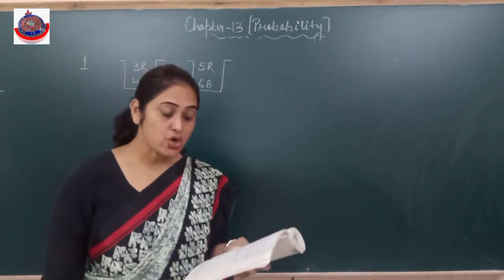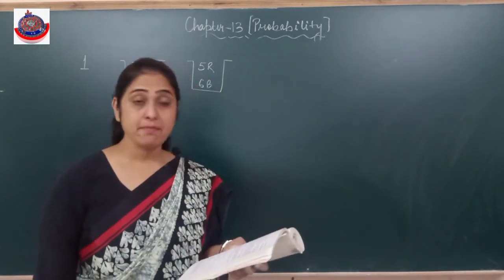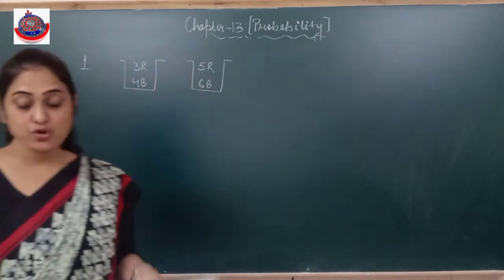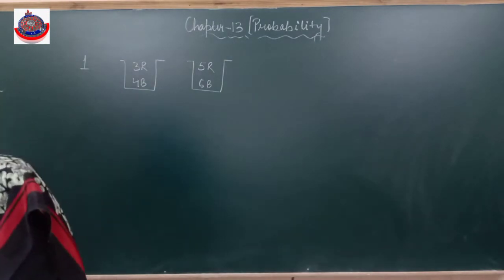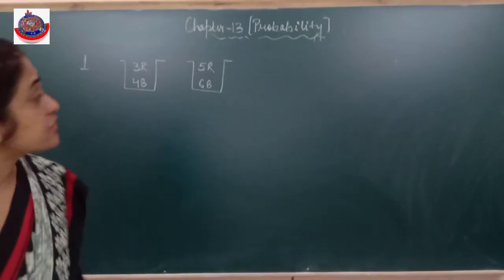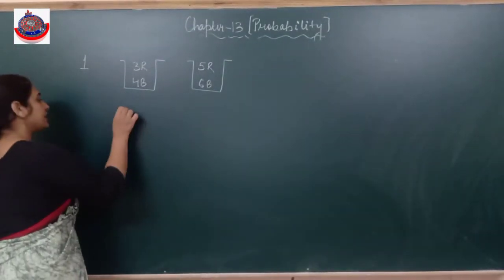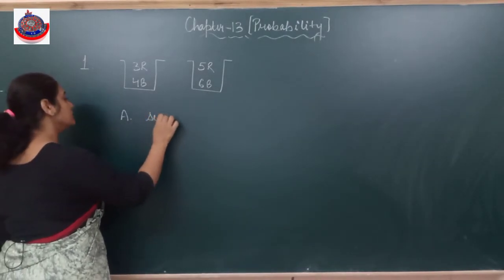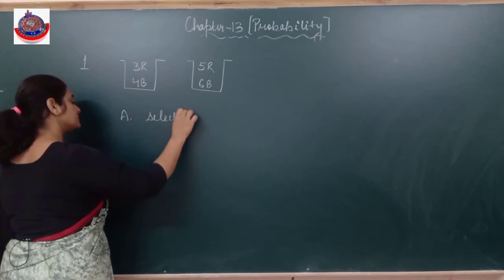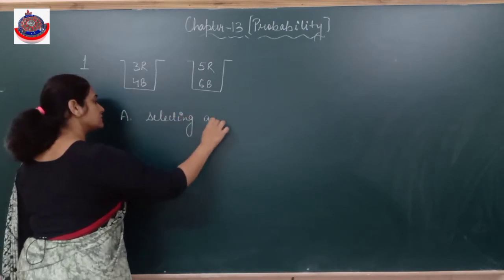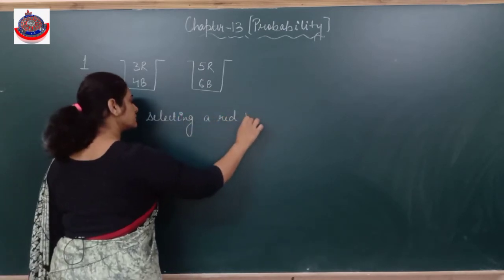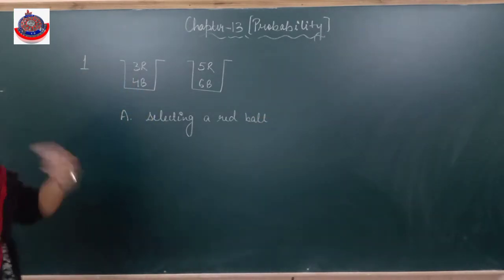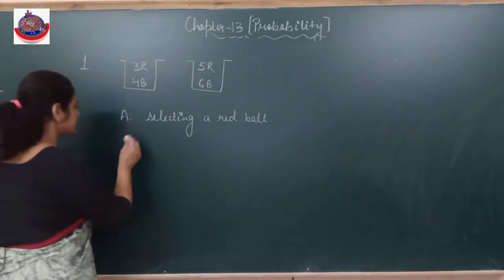One ball is drawn at random from one of the bags and it is found to be red. Find the probability it was drawn from bag 2. एक ball choose की गई है which is found to be red. That means जो हमारा event A है, selecting a red ball. I have to find the probability that it is from bag 2. That is a separate issue.